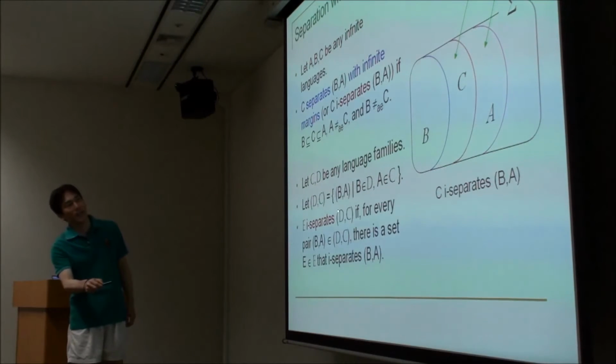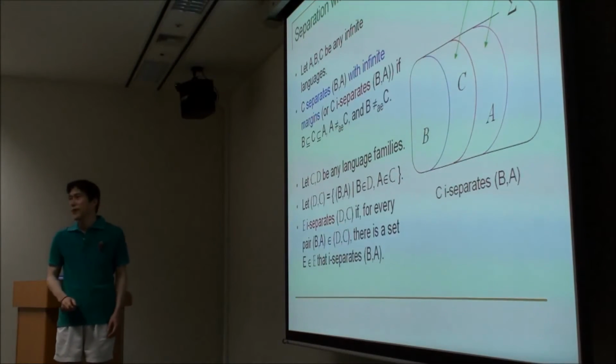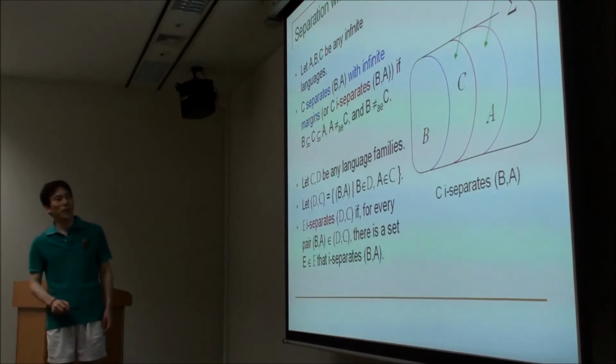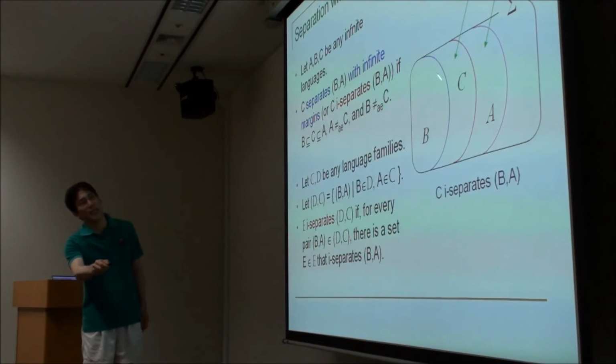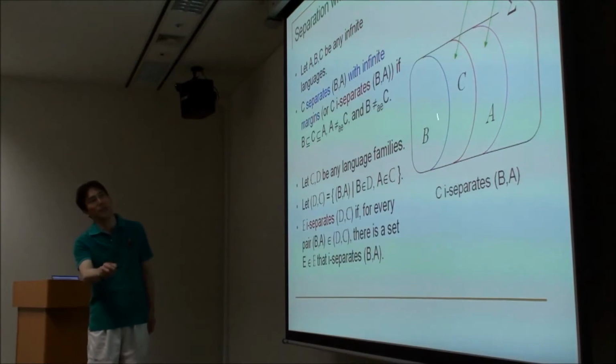We simply collect the pairs of B and A to make this notation here, where B is taken from D and A is taken from C. A language family or complexity class E I-separates (D, C) if for every pair B and A taken from (D, C), we can always find a set that I-separates this pair, and this set has to be taken from E. So in this picture here, if you take any I-covering pair A and B, then we can always find C from E that I-separates A and B.